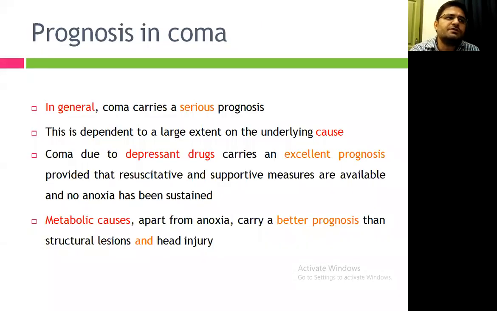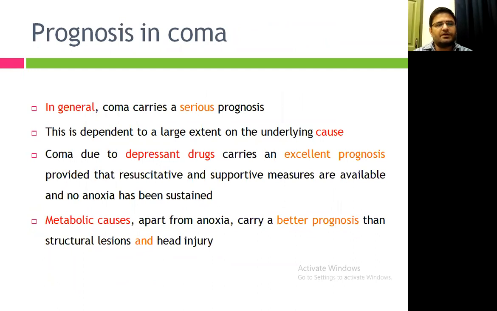Now, prognosis in general: what kind of prognosis does the underlying etiology of unconsciousness carry? If a patient has a large extent of damage and presents at a later time, it carries a very poor prognosis.